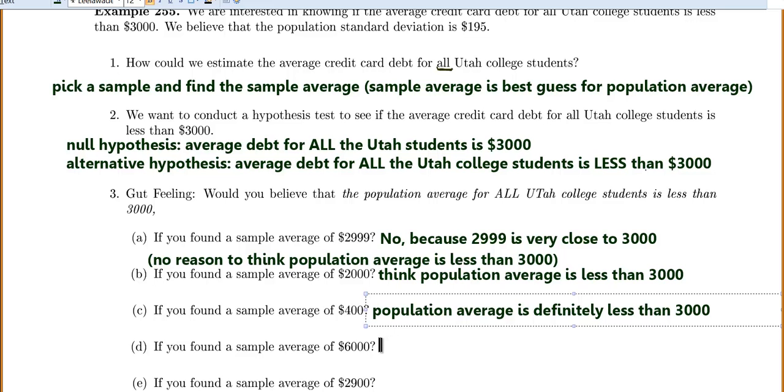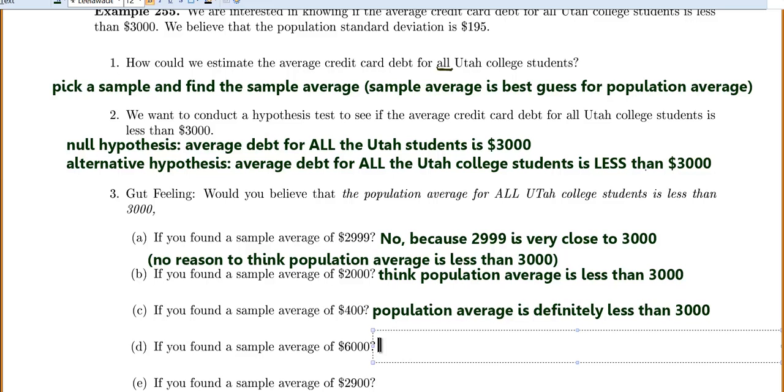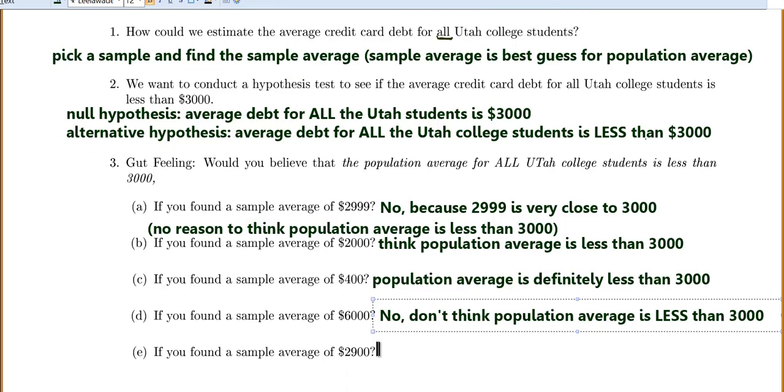For D, if I found a sample average of 6,000, well, 6,000 is really far from 3,000, but does it make me think the population average is less than 3,000? No. So that one's almost a trick question.